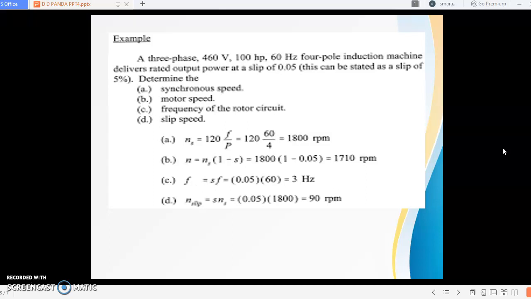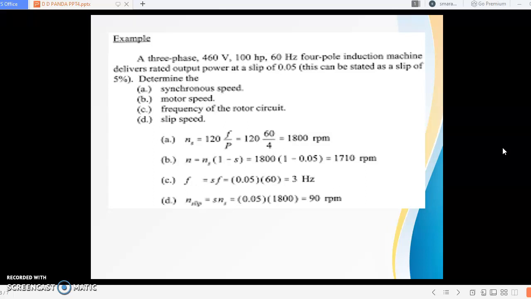Mind here, there are two frequencies. One is your supply frequency, another is your frequency of rotor current, and obviously both of them are different. Next, lastly, we have to determine the slip speed. So, first bit we will be solving now.